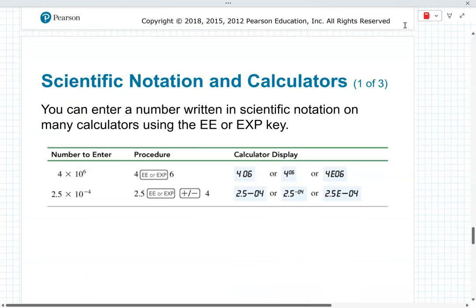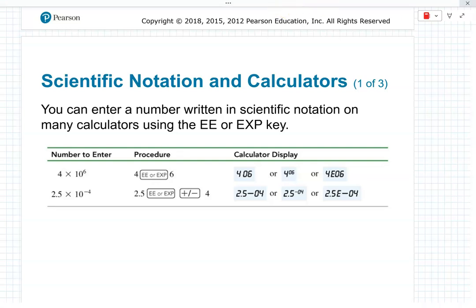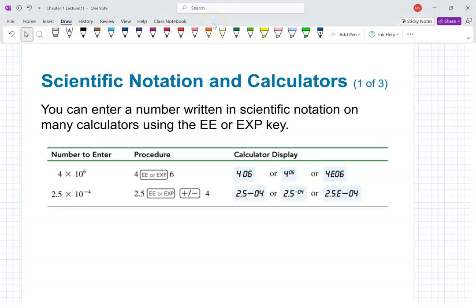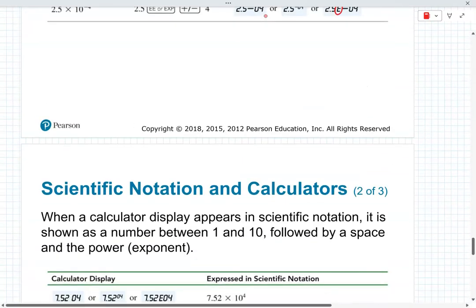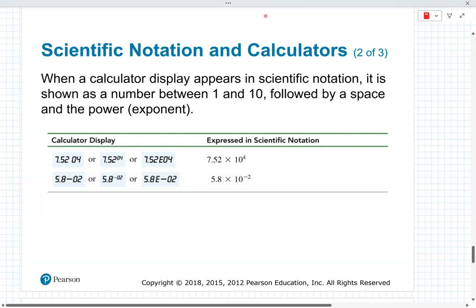I find it embarrassing to explain to a bunch of adults how to use a scientific calculator. Okay? You can figure it out. The only thing that I want to highlight: they don't write 10 to the power of whatever number it is. It's this letter E. It basically means 10 to the power of. Okay? Yes, you are in the chemistry class.